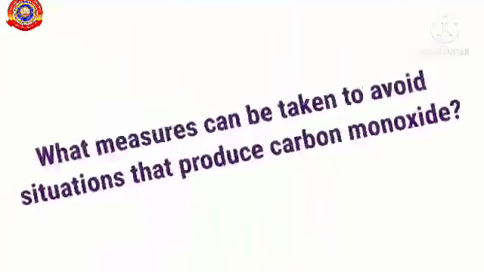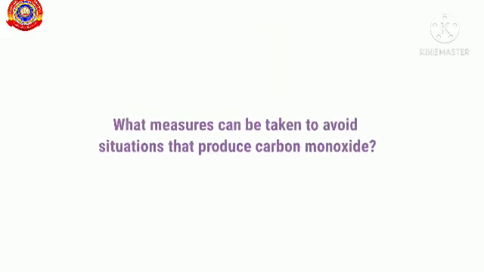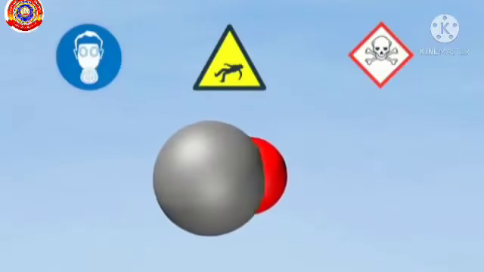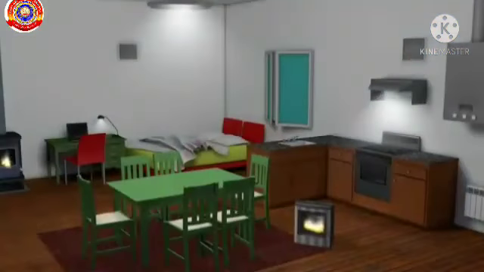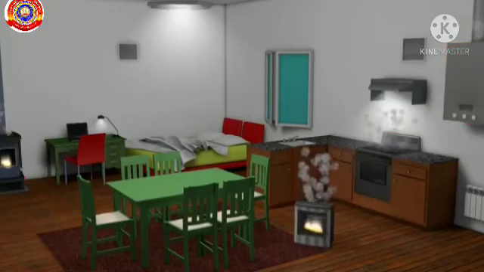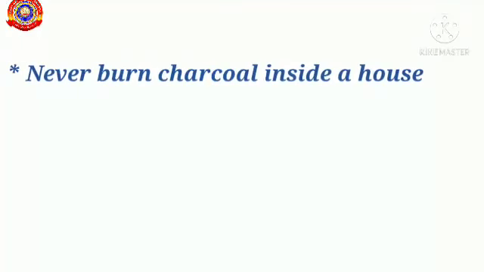Alright, now let's discuss the measures that can be taken to avoid the situations that produce carbon monoxide. Dear children, carbon monoxide is formed by the incomplete combustion of carbon. Therefore, we have to control such situations. Following are some of the measures. Never burn charcoal inside a house.